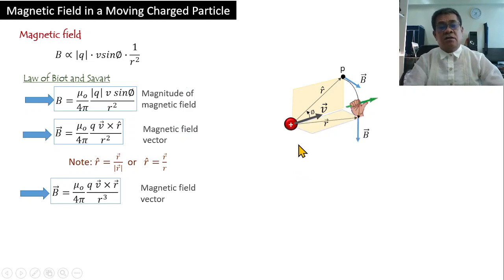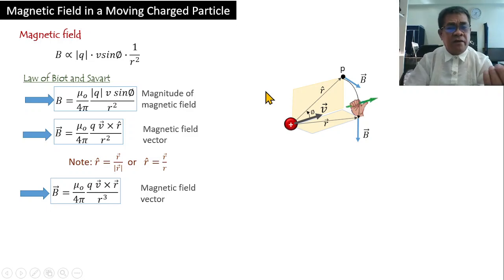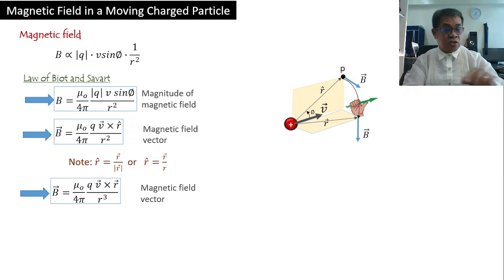Okay, so again, because the magnetic field is curling about the direction of the velocity, it follows that this plane, which we constructed before, will rotate about the axis, where the axis is the direction of the velocity. Meaning whatever magnitude we have at point B, it has the same magnitude as this plane rotates about the direction of the velocity.